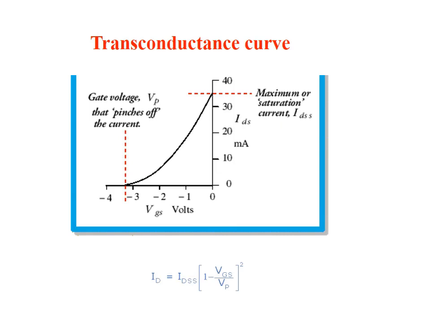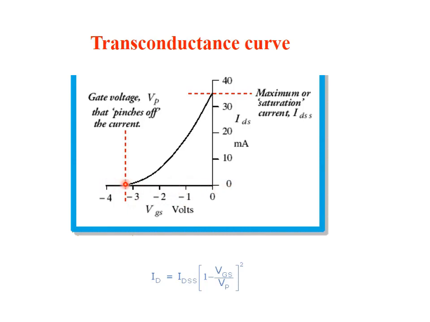Now we move on to the transconductance curve. The transconductance curve is quite important because basically it shows you the relationship between the input and the output. We have two axes.